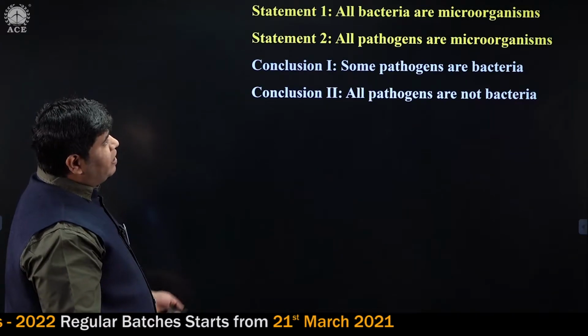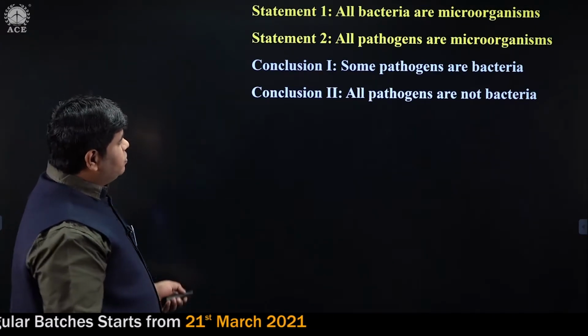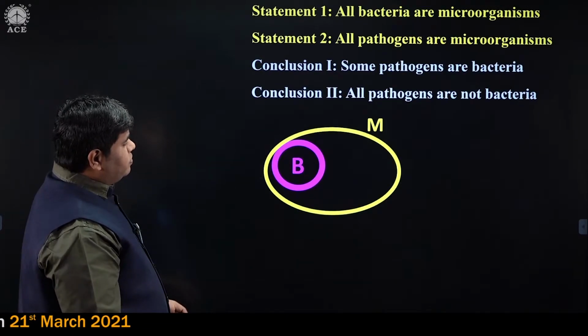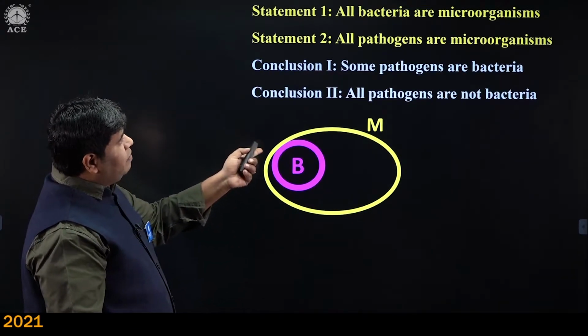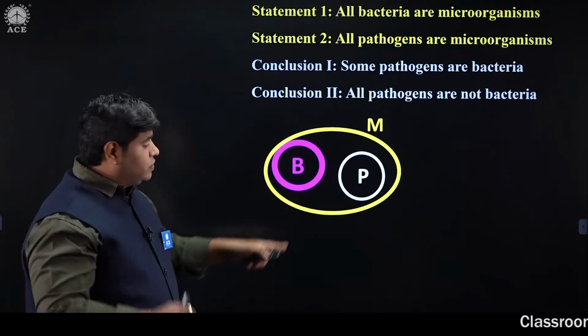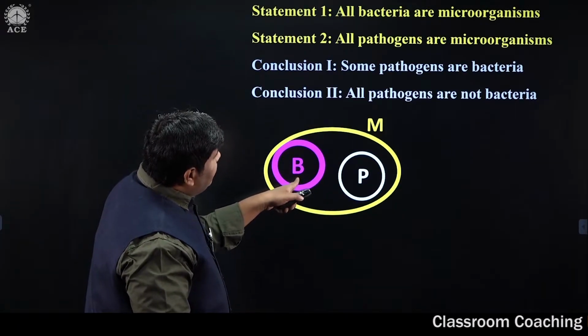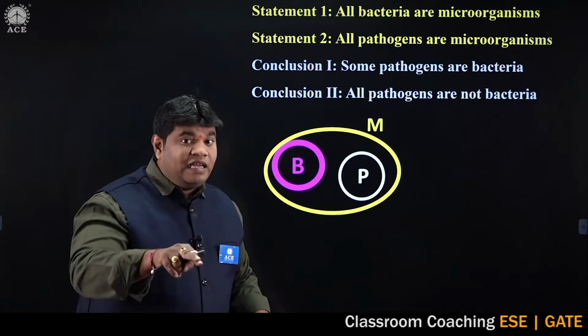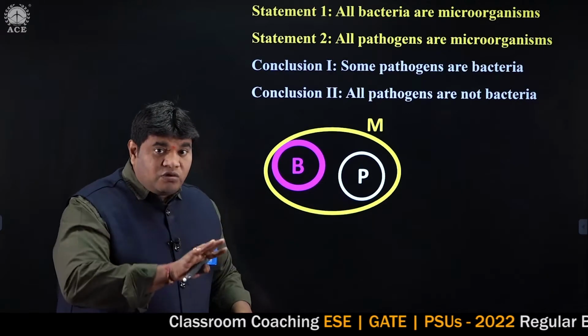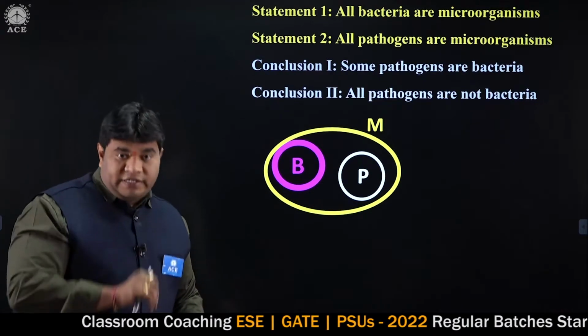All bacteria are microorganisms. Next, all pathogens are microorganisms. So this is one chance. Between bacteria and pathogens there is no relation, that's why we get a number of chances.